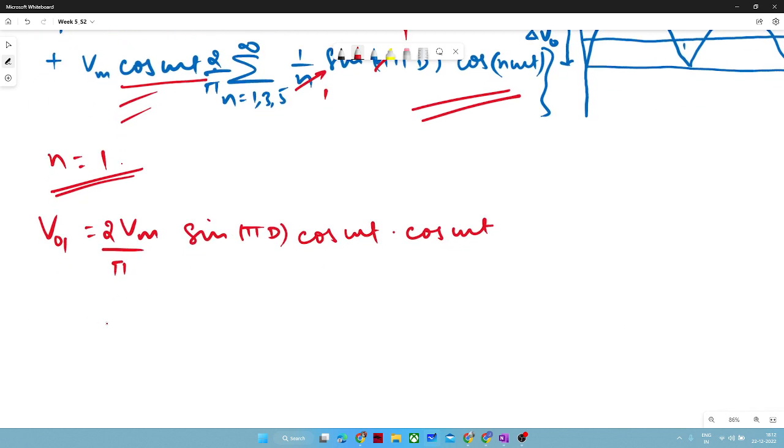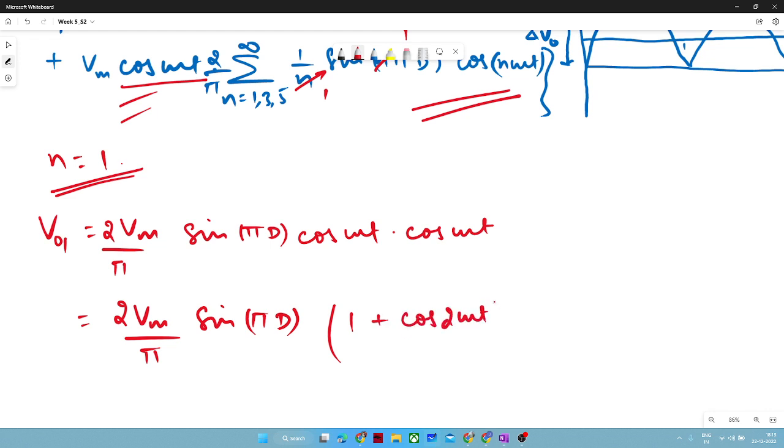Now you can see that some DC component may come, right? 2 Vm by pi sin pi d cos square omega t, right? So that will be 1 plus cos 2 omega t by 2. Am I right?